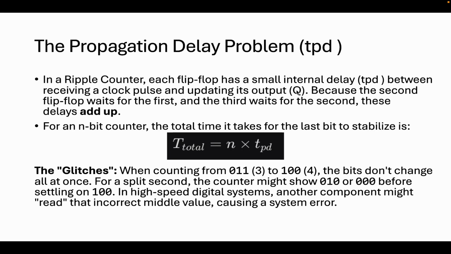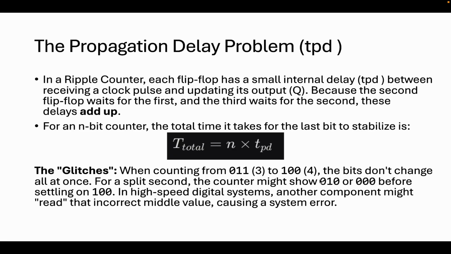Here, for the second flip-flop to work, it has to wait for the output of the first, and the third waits for the second. So the delay gets added up, and it is very prone to glitches. When counting from 011 to 100, the bits don't change all at once. For a split second, the counter might show 010 or 000.